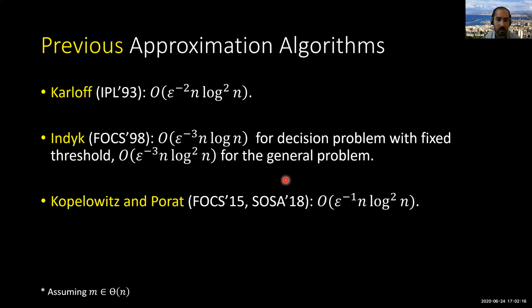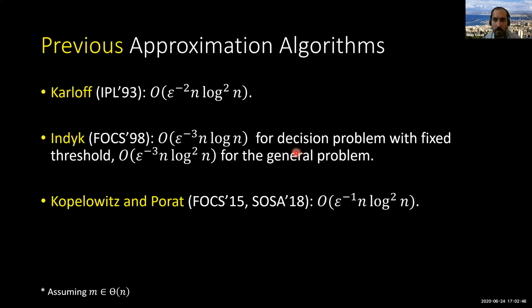Then Indic introduced an algorithm that improves the result for a decision version of the problem, but achieves slightly worse running time for the general problem. And recently, Koplovich and Porat achieve improvement in the epsilon dependency and break the epsilon to the minus 2 barrier and achieve epsilon to the minus 1 times n log squared n running time.